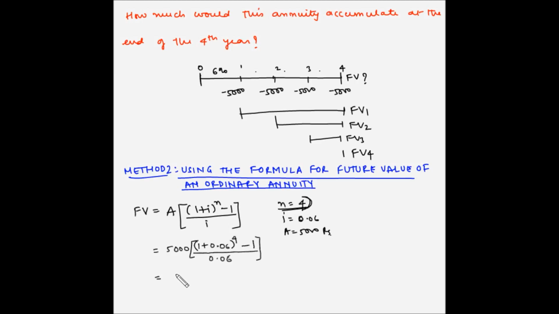So this can also be written as 5,000 into bracket 1.06 to the power 4 minus 1 divided by 0.06.